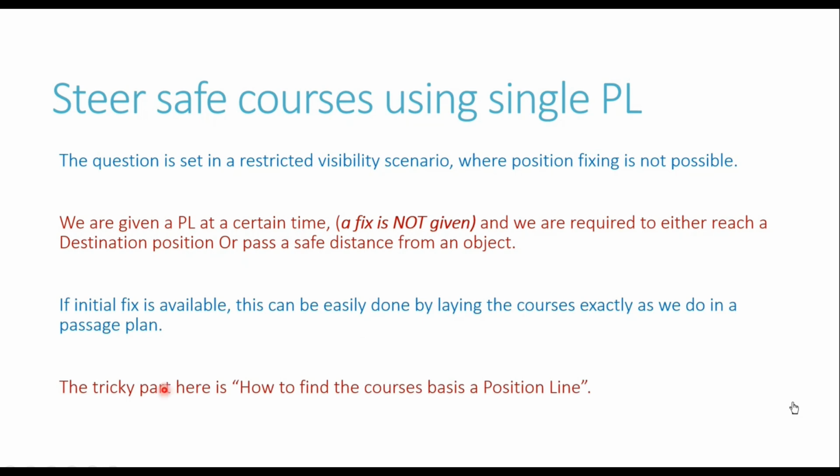But the tricky part here is how to find the courses basis a position line. We are not aware of where our position is. What we know is that we are somewhere on the said or given position line.